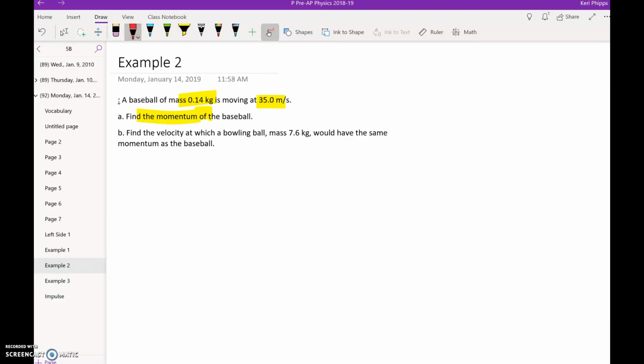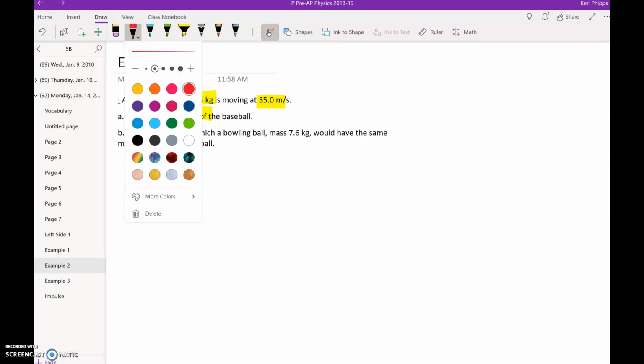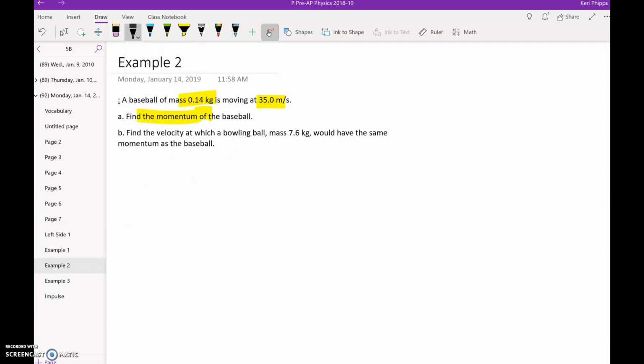So that's relatively straightforward. We're just going to go ahead and write our variable list. So find the momentum. That's momentum is equal to, we've got our mass, 0.14 kilograms, and a velocity of 35 meters per second.